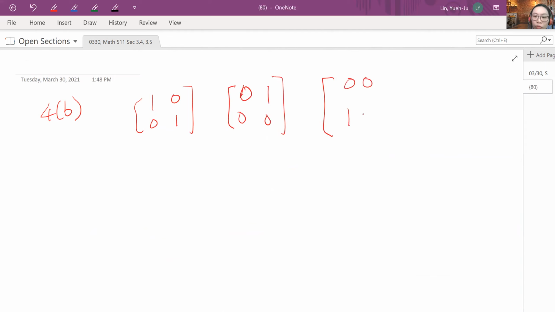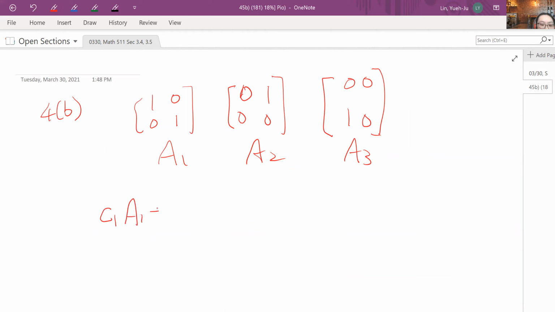So you call them A1, A2, A3, and you do the same thing: you want to solve c1 times A1 plus c2 times A2 plus c3 times A3 equals 0. But now since we are dealing with a general vector space, the 0 is not the 0 vector. So let me ask you this question: what would be the 0 element in the 2 by 2 matrix space?